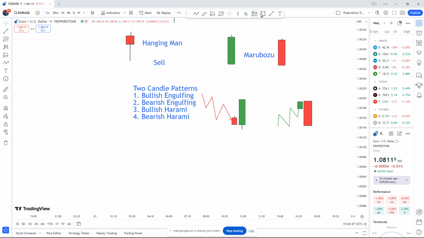So for bullish engulfing, you see that you have a long green candle that is preceded by a small red.